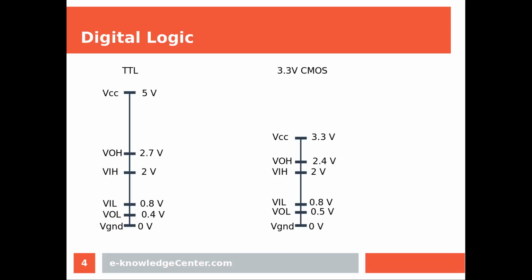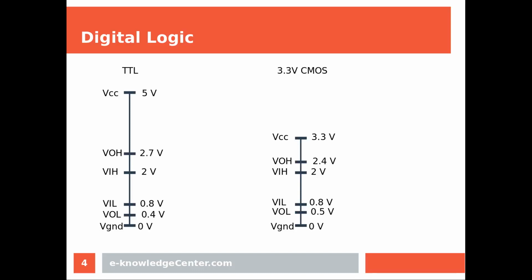As you can see, in TTL the output voltage can be from 2.7 to 5 volts. In the worst case, this 5 volts can damage the second device with CMOS technology. So in this case, it's impossible.